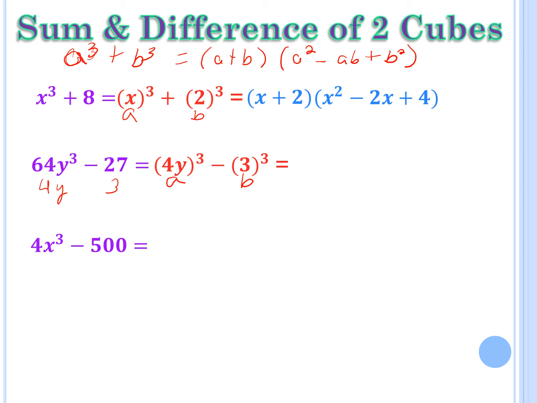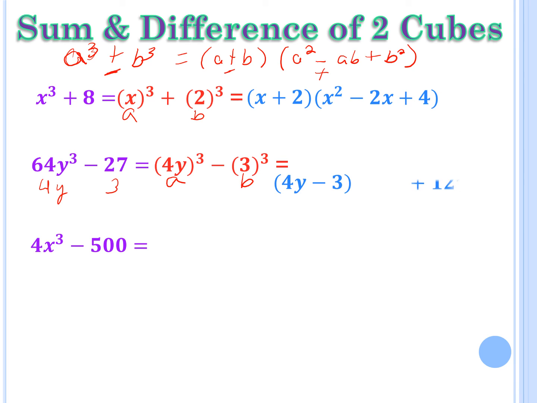Now remember that the difference of 2 cubes is the same, except this becomes minus and that becomes plus. But the formula itself is virtually the same with the exception of the signs. So if it's A cubed minus B cubed, then we're going to do A minus B. So that's going to give me 4y minus 3.